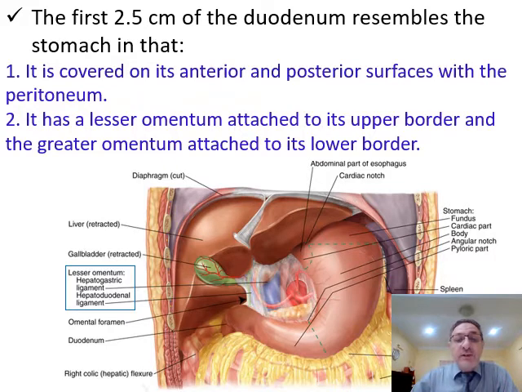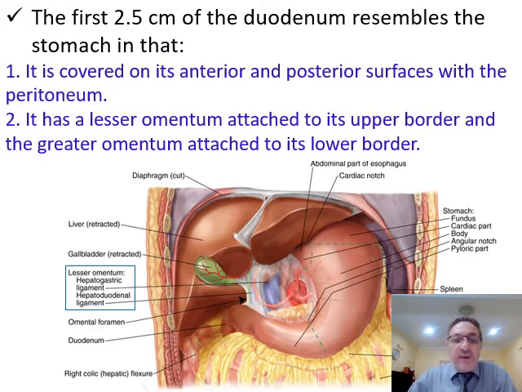So the anterior and posterior surfaces are covered by peritoneum the same as the stomach. Anterior and posterior surfaces are enclosed between the two layers of peritoneum.